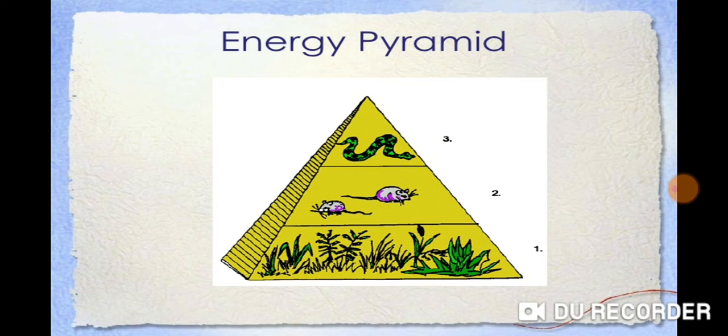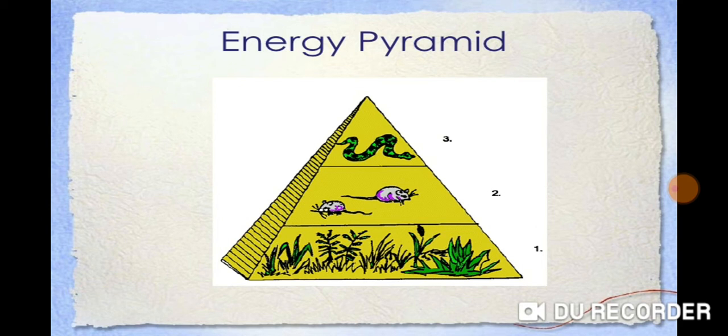So, by calling it under the title of energy pyramid, it states that energy is transferred. How? I will explain the categories of pyramids. First, the pyramid of numbers.